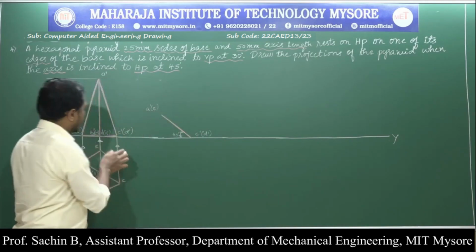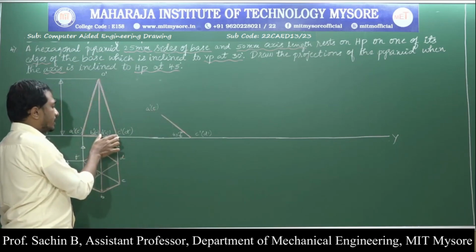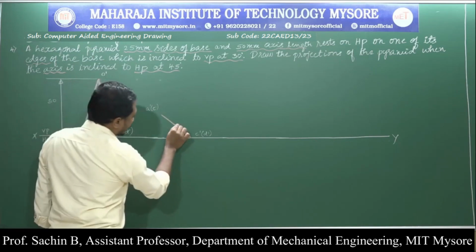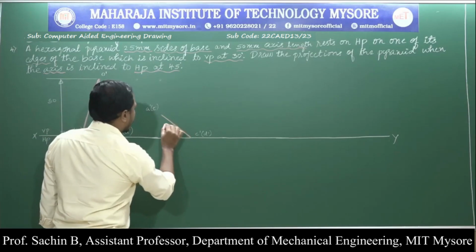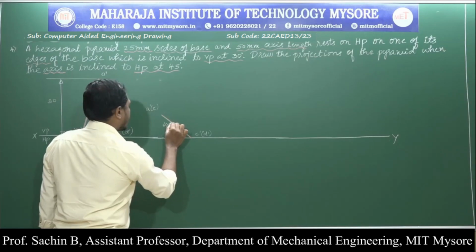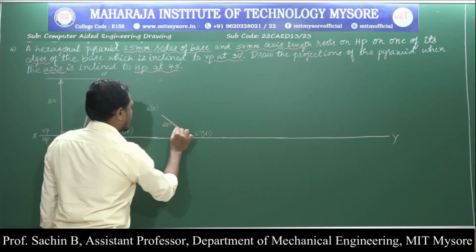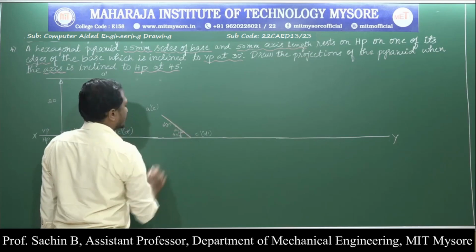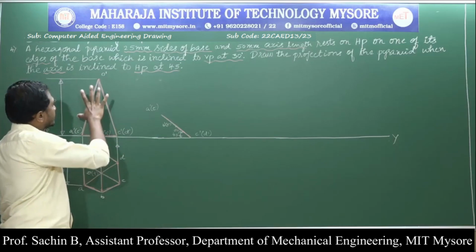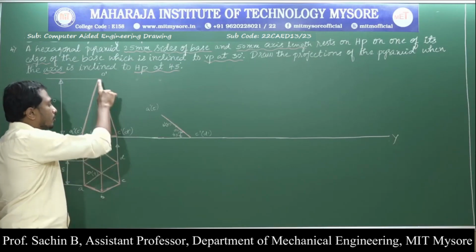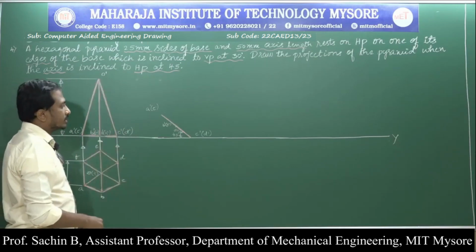Next, if I measure from C dash to B dash, it will meet exactly at the center. Again, I will name it as B dash to E dash. Next, O dash to O1 dash. Next, I will measure the slant edge A dash to O dash or from O dash to C dash, whichever may be the slant edge.